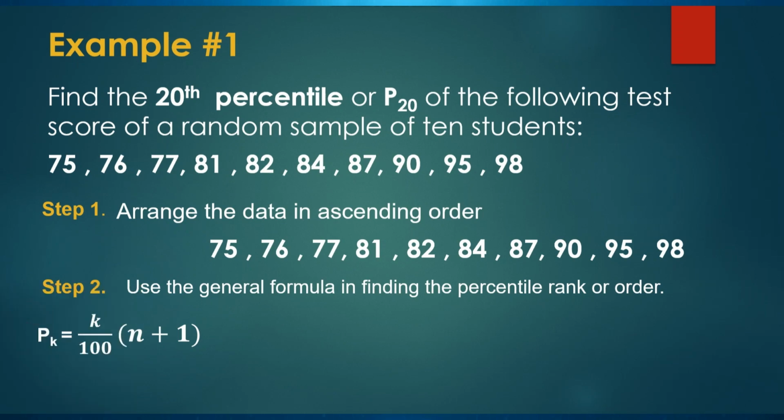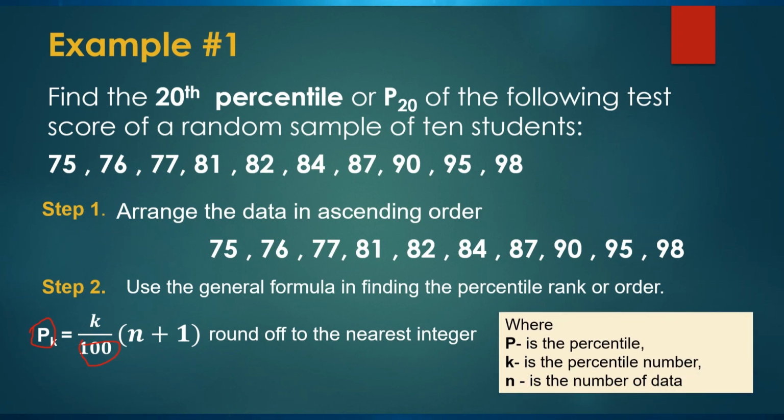Pag percentile naman, dito nagiging P ito, then ito is 100. Then round off to the nearest integer, where P is the percentile, K is the percentile number, N is the number of data.